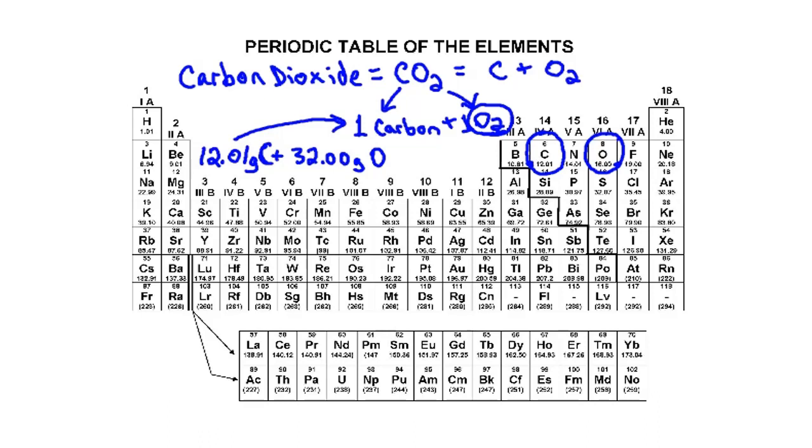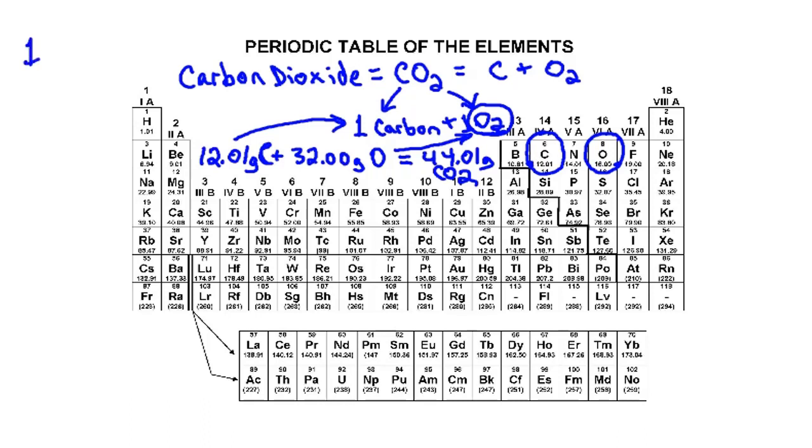So if you have 12.01 grams of carbon, which is the 1 mole of carbon, and the 32.00 grams of oxygen, which is the O2 up here, if you add all of those grams together, you're going to get 44.01 grams total of CO2.